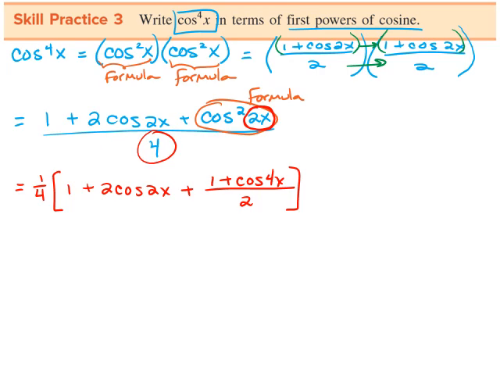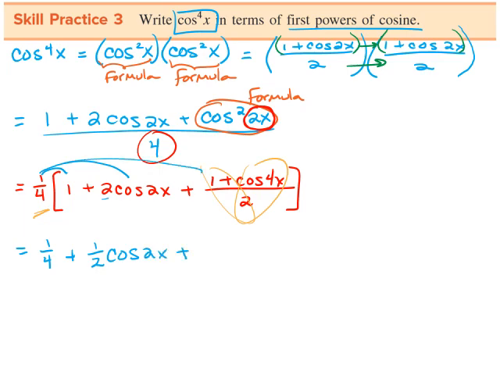So the only thing I really need to do is break this into 2 separate fractions and then distribute this 1/4. And when I do that, I have 1/4 plus 1/4 times 2 is 1/2 of cosine of 2x plus 1/4 times 1/2 is 1/8 plus 1/4 times 1/2 cosine of 4x is 1/8 cosine of 4x.